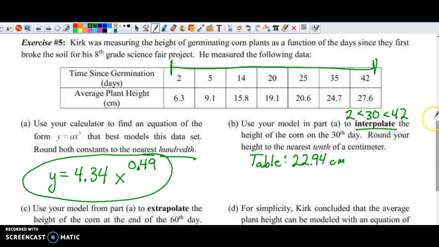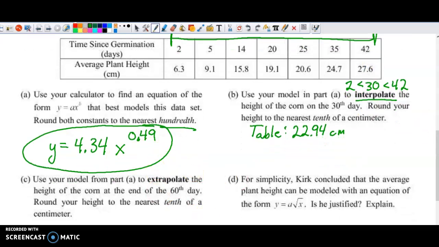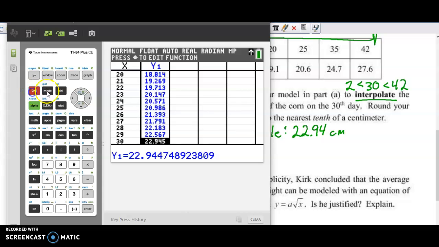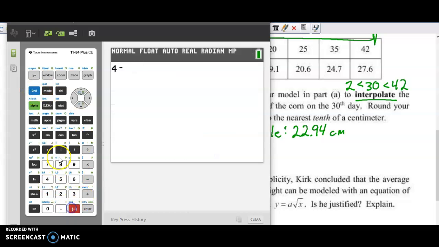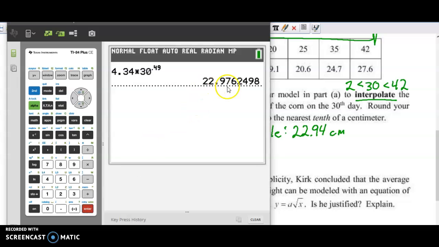centimeters. But if you use this equation, let me quit out of here, it was 4.34 times 30 to the 0.49 power. And if you did that, you get a slightly different answer, 22.98.